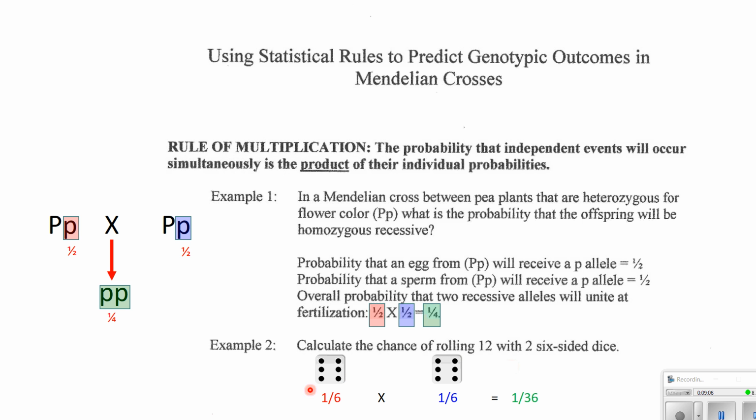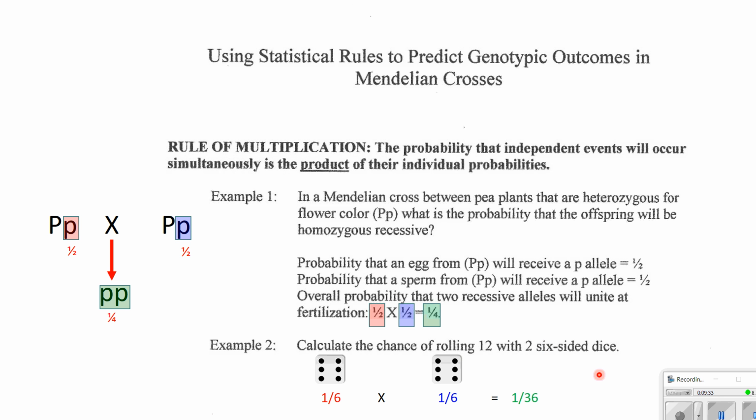We need both of those to happen at the same time on the same roll. So 1/6 multiplied times 1/6 is 1 out of 36 chance. So it's a pretty low probability, and that's why you don't very often land on 12 when you're playing Monopoly. It only happens about 1 time out of every 36 rolls of the dice.